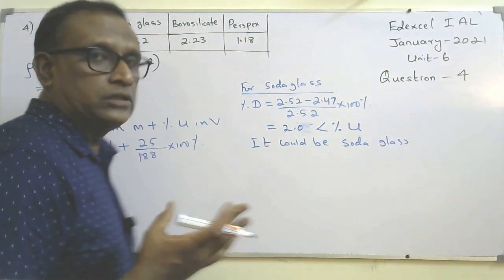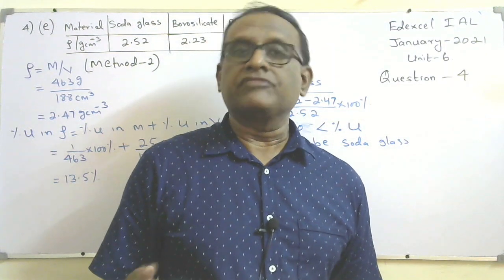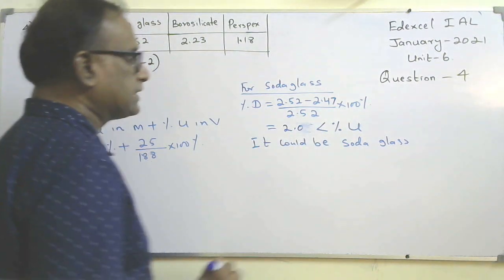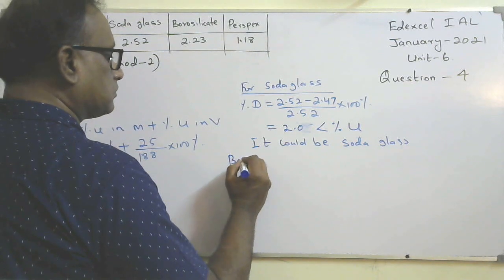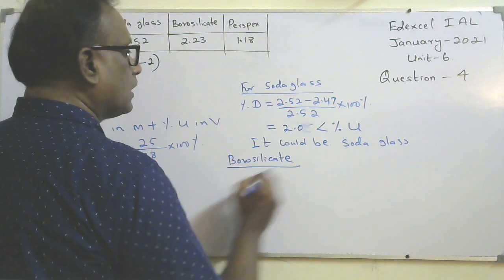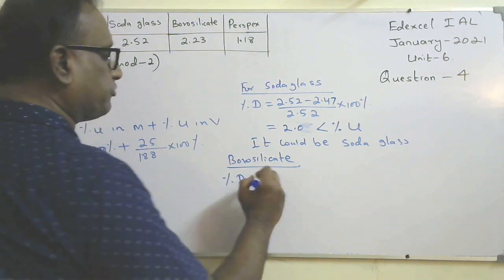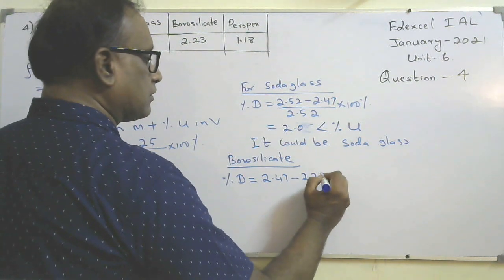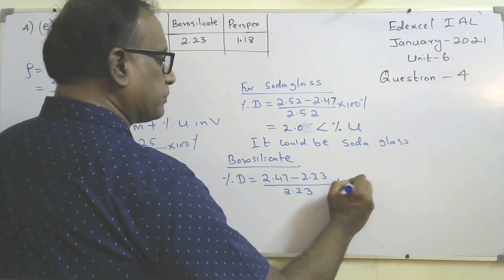I told you that earlier also: if you want to accept a value, the percentage difference should be smaller than the percentage uncertainty. So here the percentage difference is smaller than the percentage uncertainty for soda glass. For borosilicate, percentage difference is the difference, 2.47 minus 2.23, over 2.23 times 100%.